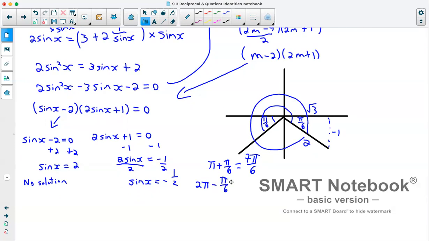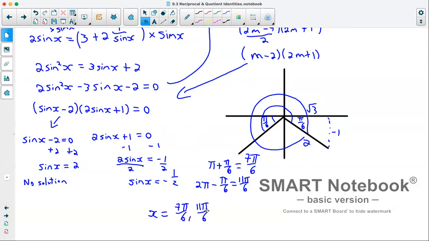So where you have 2 pi minus pi/6, that would be 11 pi/6. Okay, so that gives us x is equal to 7 pi/6 and 11 pi/6.